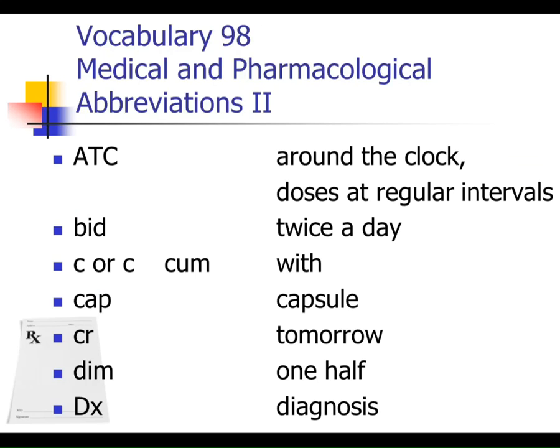So the abbreviations would include the following: ATC, around the clock. That simply means that if something's being given 3 times a day, ATC, it must be given at very regular doses, every 8 hours. Some antibiotics you can't just take whenever you feel like it. If I were to say you're taking a drug 3 times a day, when are you likely going to take it?